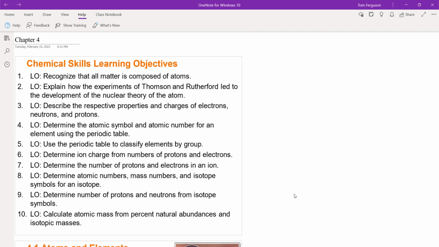So we've gone through these. The periodic table we're going to use in the rest of the semester. We'll be using it all the time. So I'm going to be talking about it a lot, and we'll become much more familiar with it. If you've never had chemistry before, this may seem a little obtuse, but hopefully it's a review for you. Okay, so that's it for tonight.